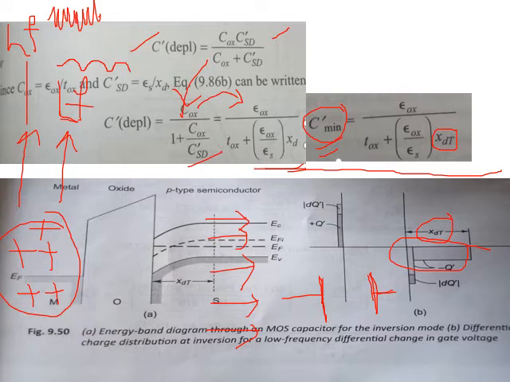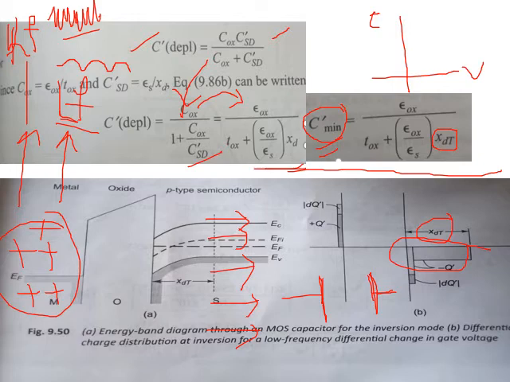Now the graph of capacitance versus voltage depends on these frequencies. For high frequency it will be different, and for low frequency it will be different. Why will it be different? See, when I give very high frequency, this signal is changing very abruptly, very fast.